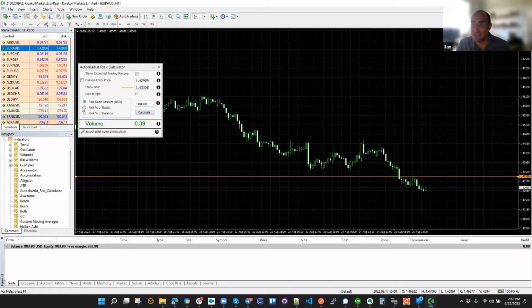It's the same as risking $100 in cash is 10% of my equity, right? So if I want to trade 5% of my equity, I would set a position of 0.19, or 0.2, okay? So you can set a percentage of equity, or you can set a percentage of your balance, right?